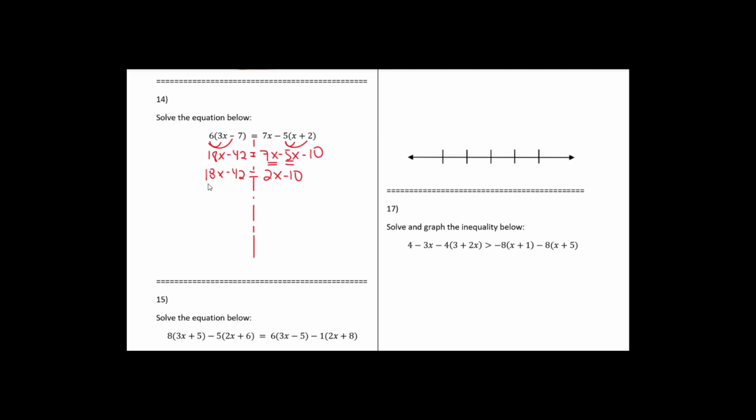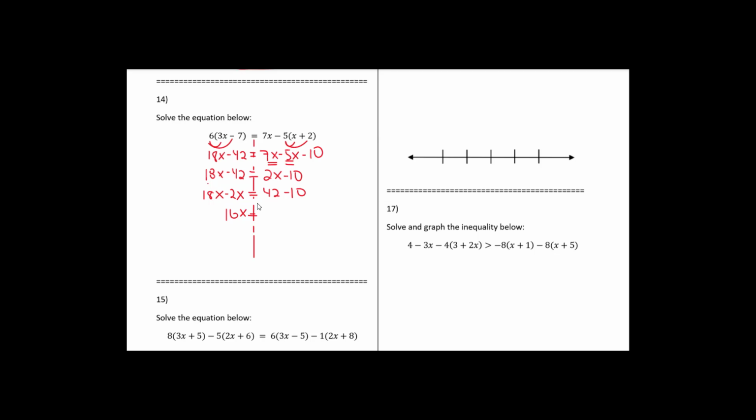Now it's time to move the numbers. The 18x is going to come down. The 42 goes to the other side as positive 42. The 2x goes to the other side as negative 2x. Negative 10 comes down. So 18 minus 2 is 16x.